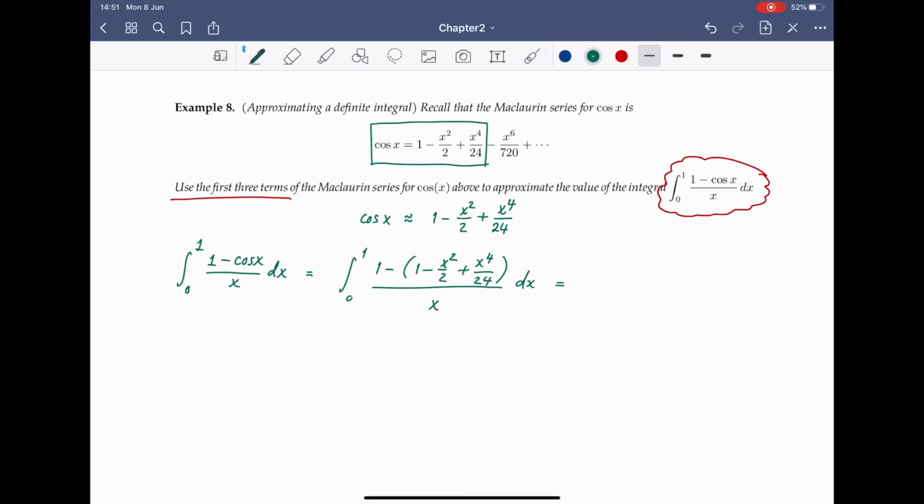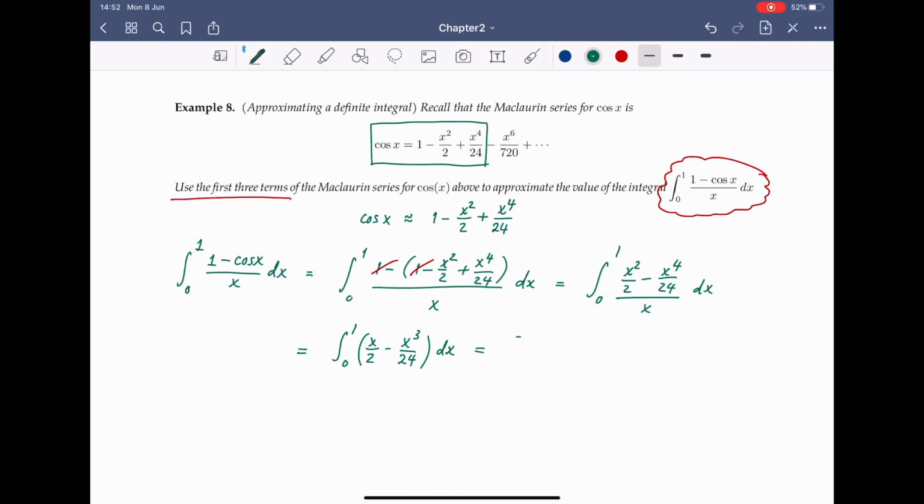So I have the integral from 0 to 1 of x squared over 2 minus x to the fourth power over 24, because the 1 cancels, and on the denominator I still have x here. So I can reduce my power by 1. So I have the integral from 0 to 1 of x over 2 minus x cubed over 24 dx.